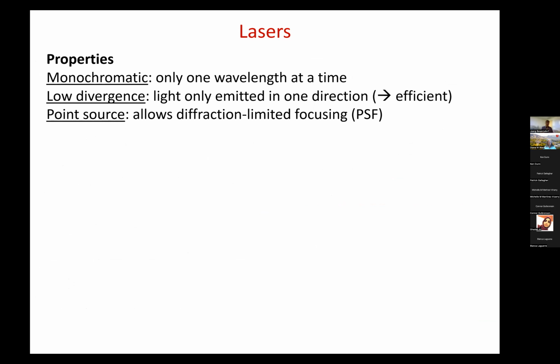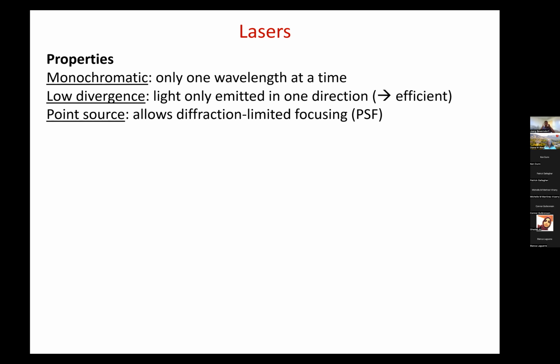And then as a light source, we use a laser. Lasers have the advantage over conventional light sources like halogen lamps or LEDs. They have the advantage that they are monochromatic. That means they only emit one wavelength at a time. They have low divergence.